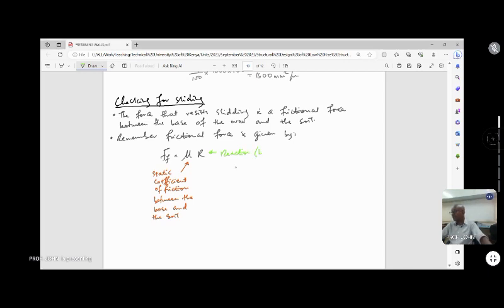So you say in this case, the weight of the wall, the weight of the wall, the base, plus the earth retained above the base.